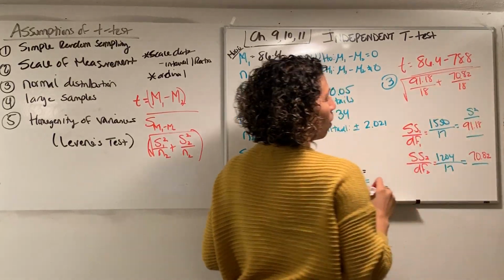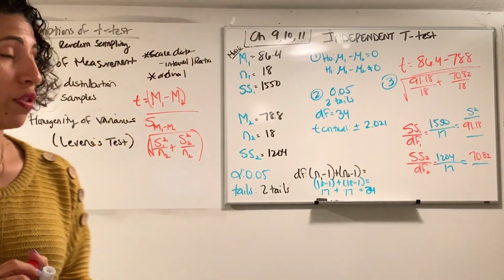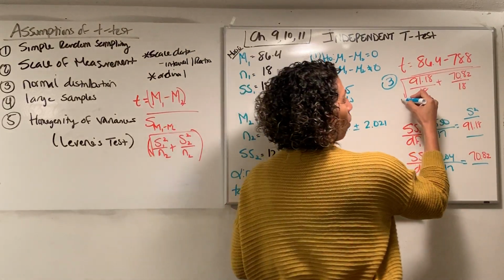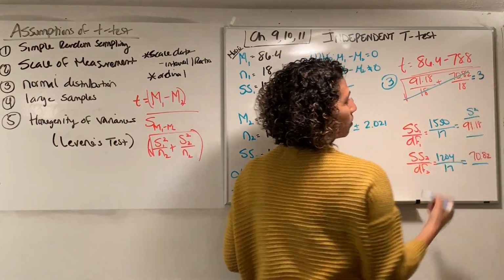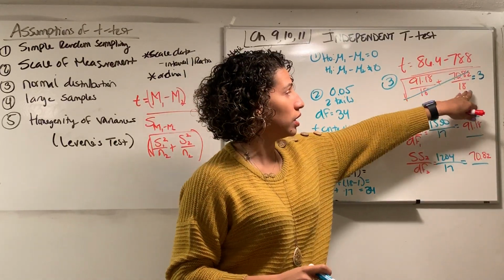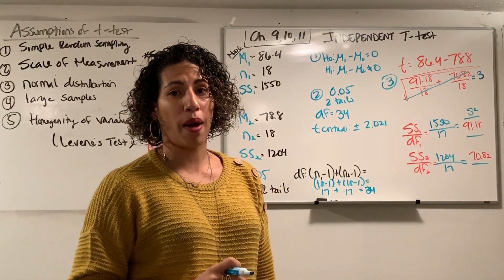And when we figure this out, we have to square root the entire piece of the formula. 91.18 divided by 18, 70.82 divided by 18, add those two values up, and this is going to lead us to 3 at the bottom of the equation.